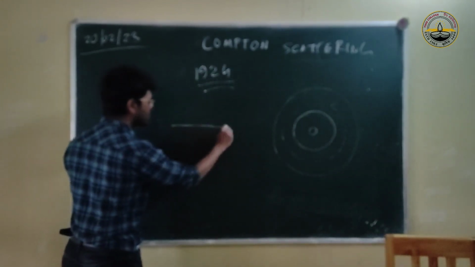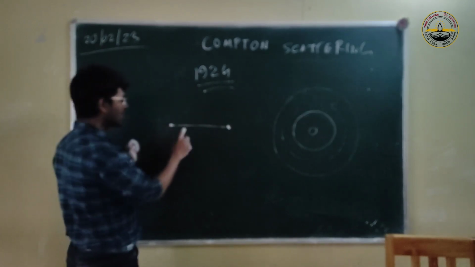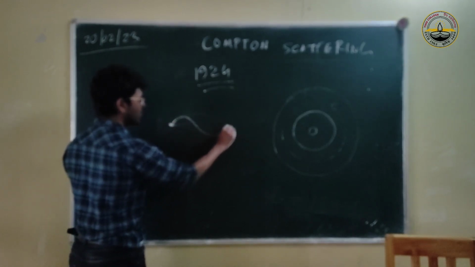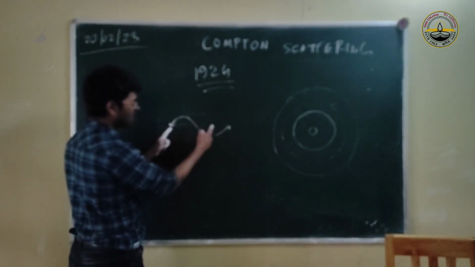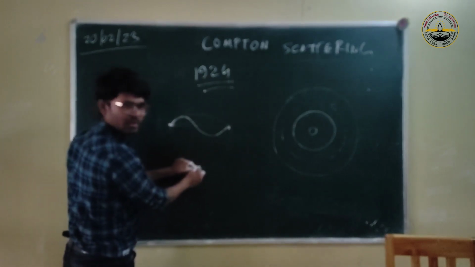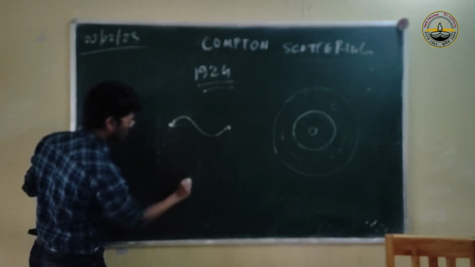For example, if you had a string tied, we come back to this example again and again, there can be this wave, or this wave, or like this. At least the end point must be this. If you brought it back and tied it at one point, it becomes a circle.